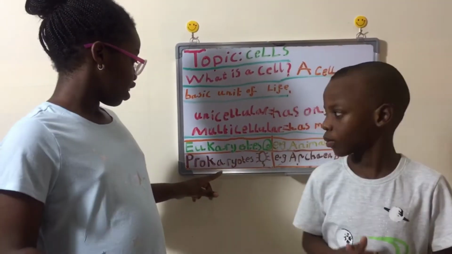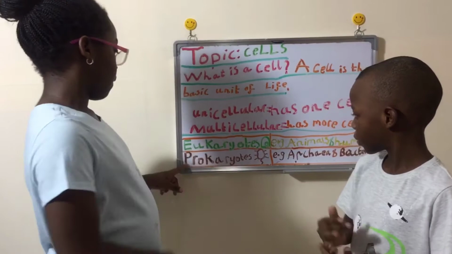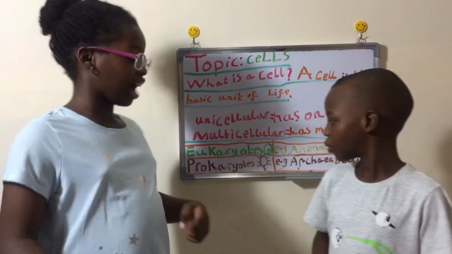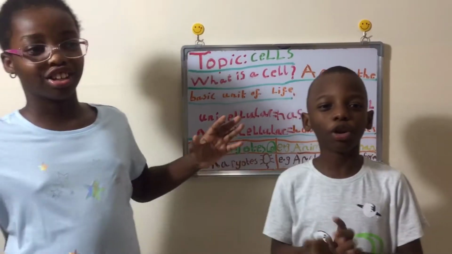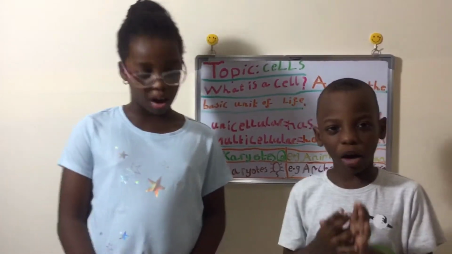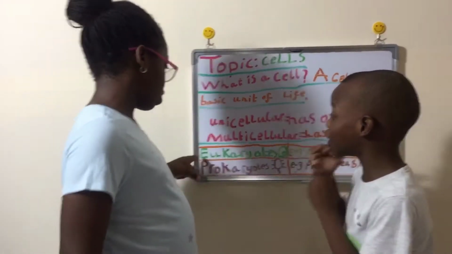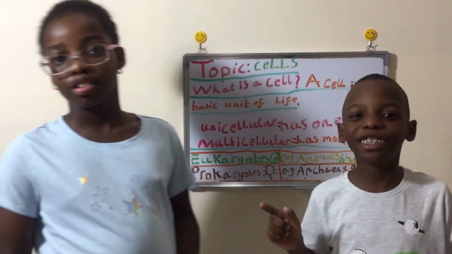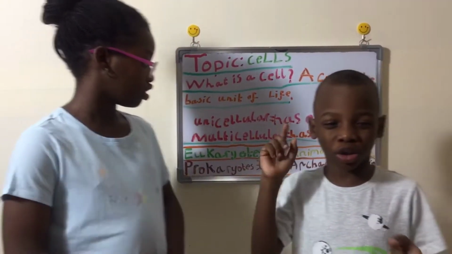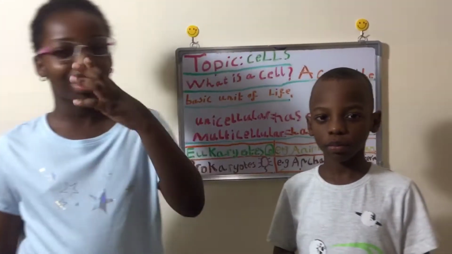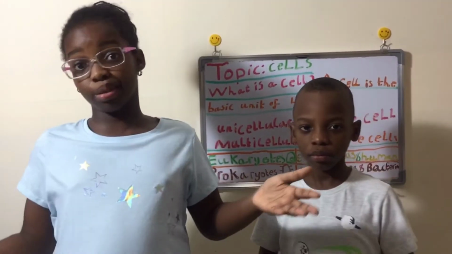So, to understand this, pro rhymes with no, and that means they have no nucleus and no membrane-bound organelles. And eu rhymes with do, and eukaryotes do have membrane-bound organelles and a nucleus. So just understand it just like that, pretty easy.